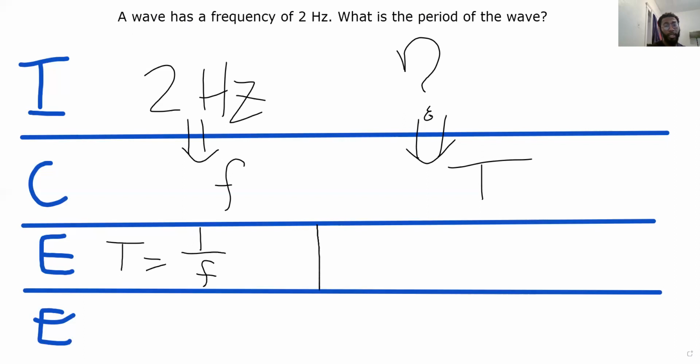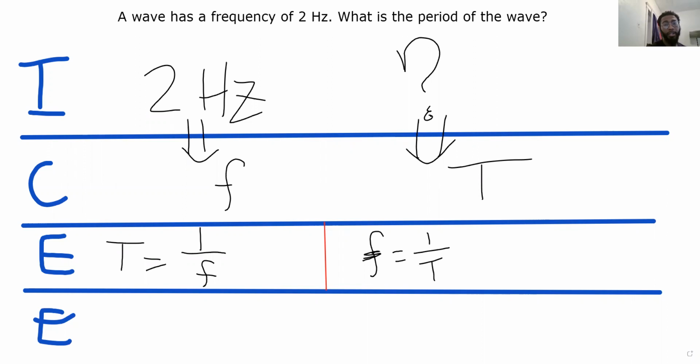Now let's go ahead and do the not hard way, but just the way that involves algebra. All right, I'm gonna make a little line between these two to separate them. All right, so now as we talk about the way that uses algebra, remember the equation we had to start with is frequency equals 1 over the period, all right?